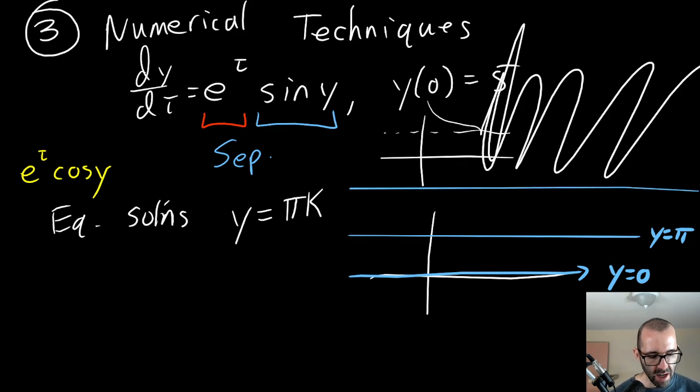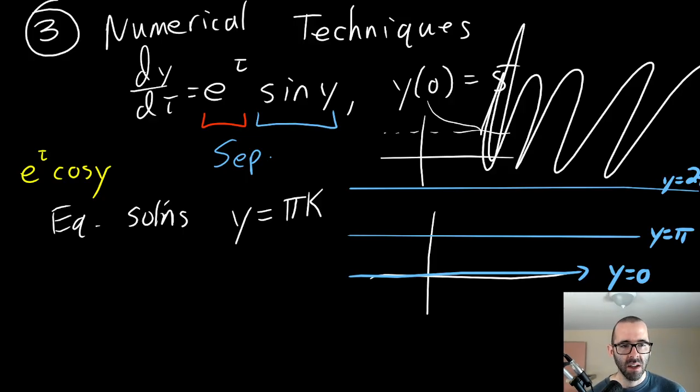And y equals 2 pi was an equilibrium solution. All right, we had all these equilibrium solutions. Well, since we have uniqueness, right, that tells us that solutions have to exist, and if they do, that they're unique. So this is not a possible solution.